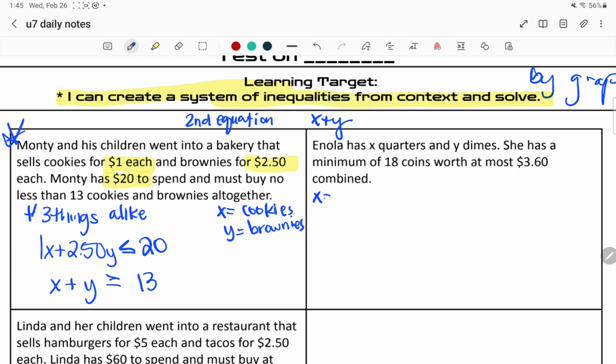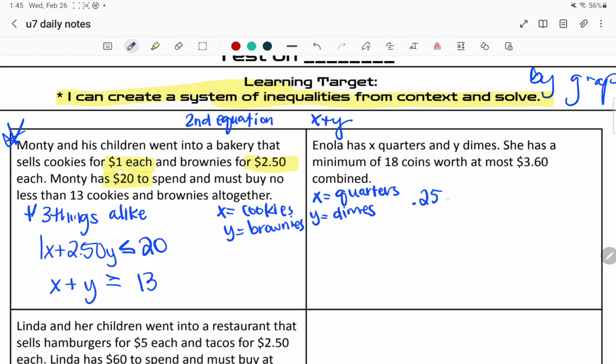Enola has x quarters and y dimes. She has a minimum of 18 coins worth at most $3.60. So let's start with the worth, because we know how much a quarter and a dime is worth.